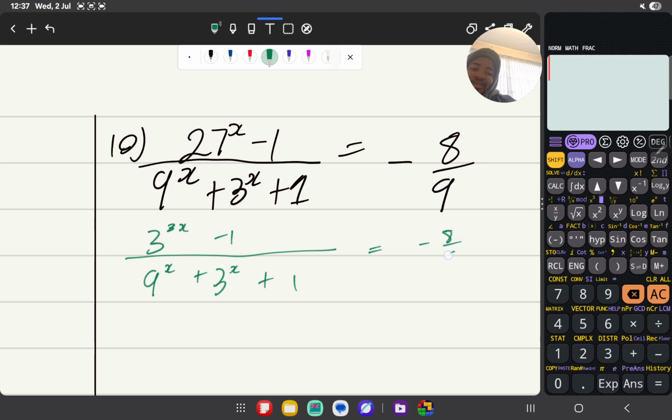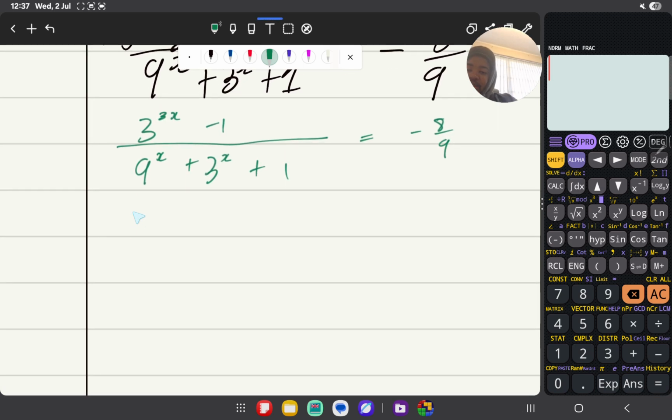So this number gives you 3x minus 1. It also gives you 2x plus 3 to the power of x plus 1, right?